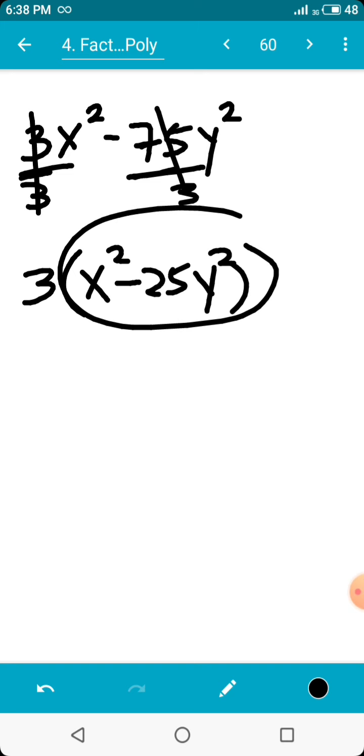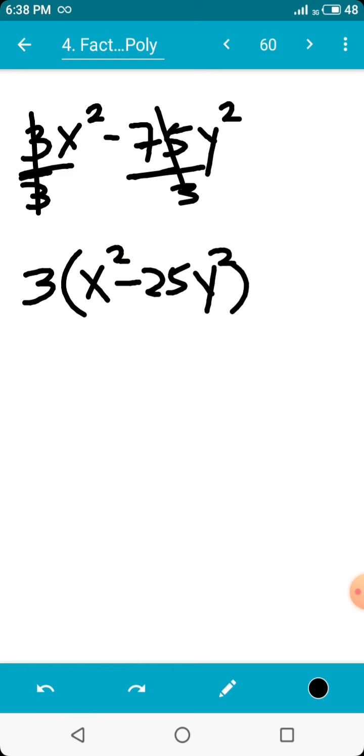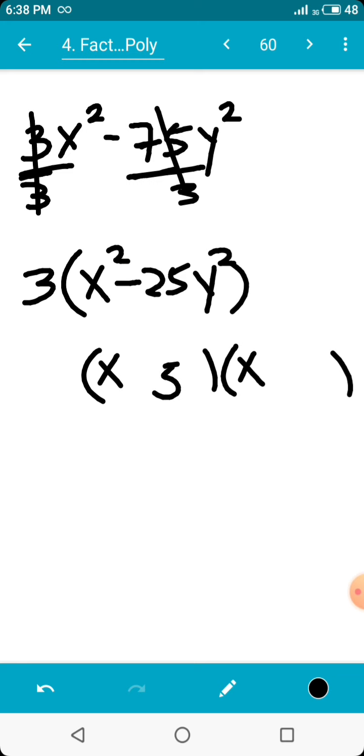And ito na yung dalawang squares na ifa-factor out natin. Okay? So, ganun lang din yung gagawin natin. So, yung square root ng x squared ay x. The square root ng 25 ay 5. And then, yung square root ng y squared ay y. Okay?